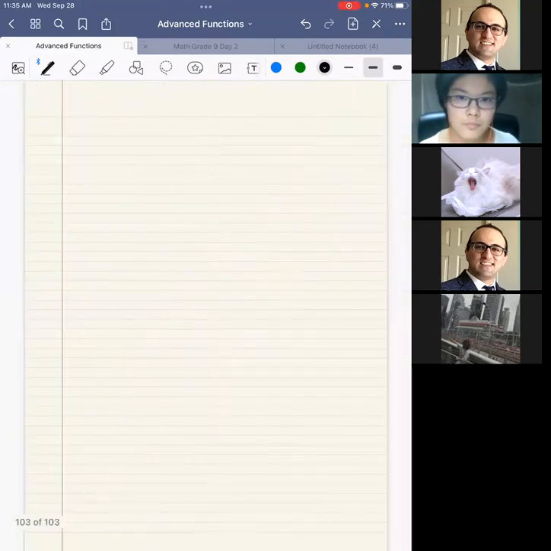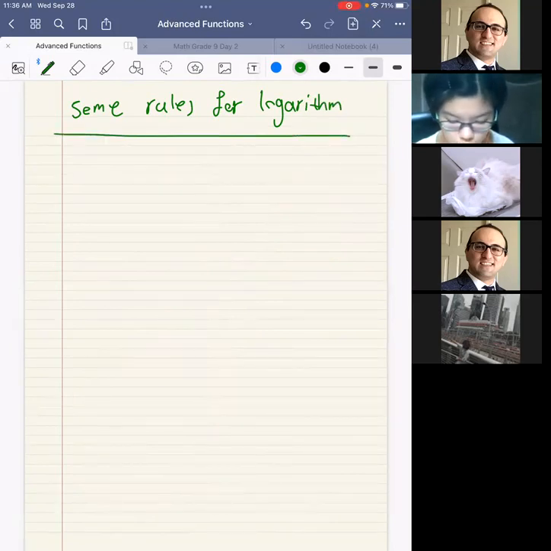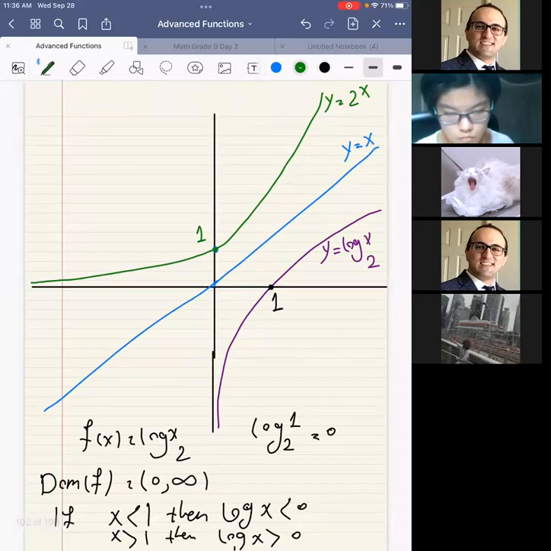Now there are some rules for logarithm. And I have to tell you something. If you don't see anything written for the base, some people take it as 10.